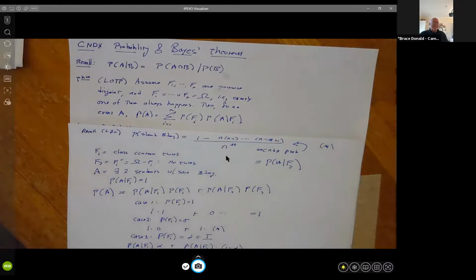Sometimes in statistics, the law of total probability is called Bayes' first theorem. And this Bayes formula I'm about to show you and prove is sometimes called Bayes' second theorem or second formula. And it's very important. So I'll just call this Bayes' second formula.